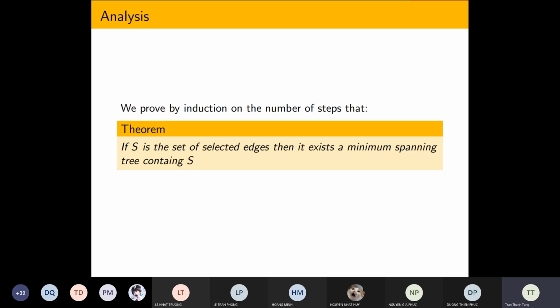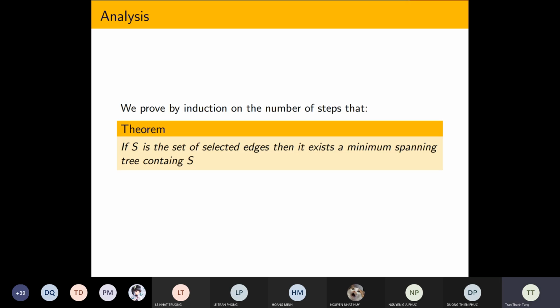Then we prove that if we do step n plus 1, all the edges in S are also valid and are part of the minimum spanning tree.